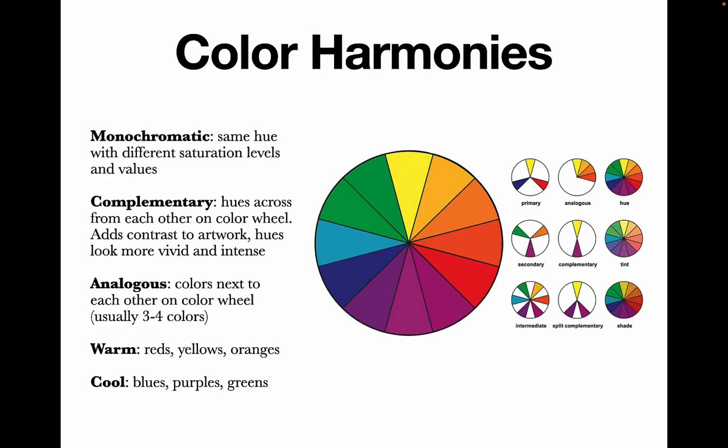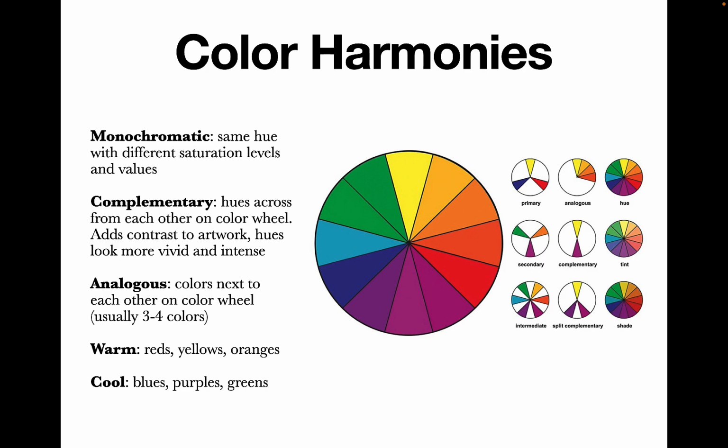Monochromatic, what we'll be doing for our project, is the same hue with different levels of saturation and value. Complementary are two hues across from each other on the color wheel. This adds really good contrast in artwork, because it makes the hue look more vivid. Red and green are complementary colors, and they really make each other pop out.